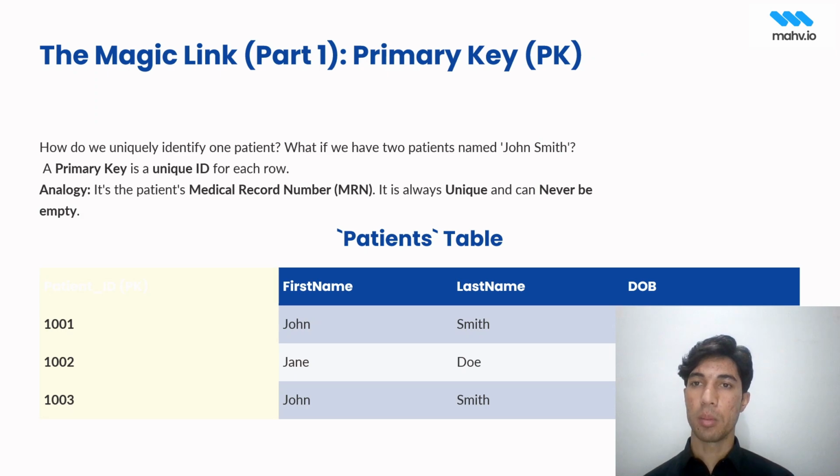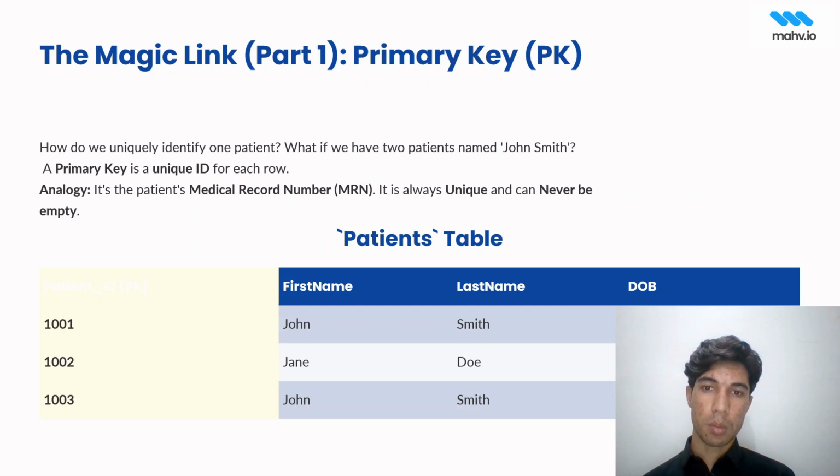Now let's look at the magic link. In relational databases, there are basically two magic links. One is the primary key and the other is the foreign key. In relational databases, every table has a unique ID which can never be empty, and we call that a primary key.